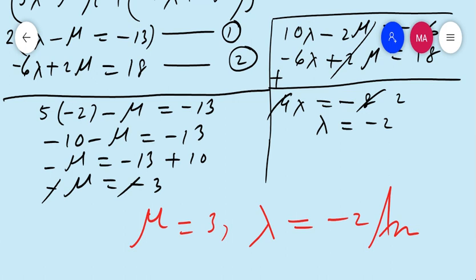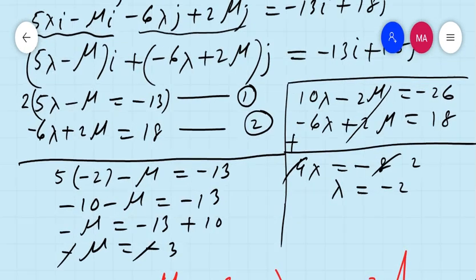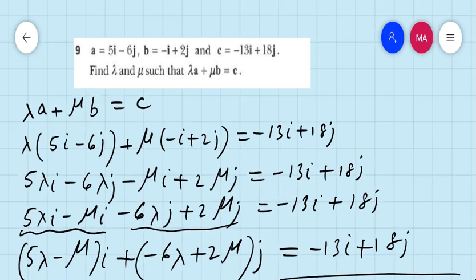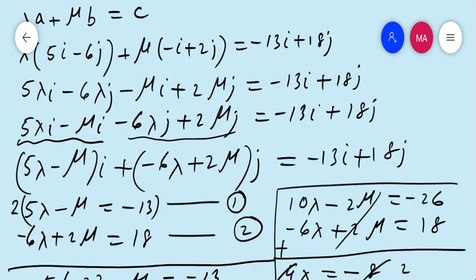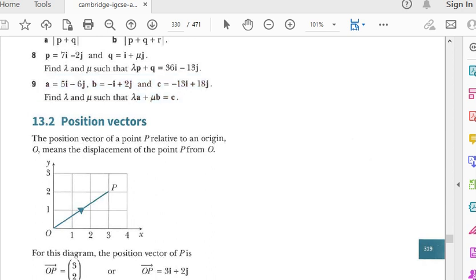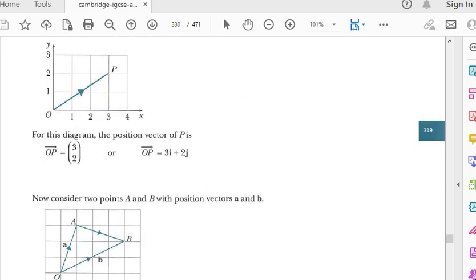And the good news is we finished the whole exercise, all questions, all parts in a single lecture. I always try to complete the whole exercise in a single lecture, but sometimes it is not possible. What next? For the next lecture, the next topic is position vectors.